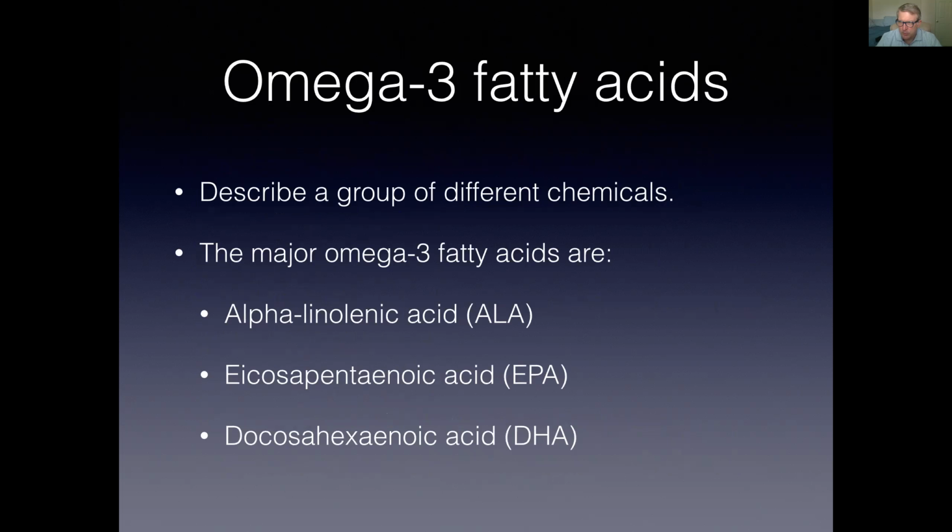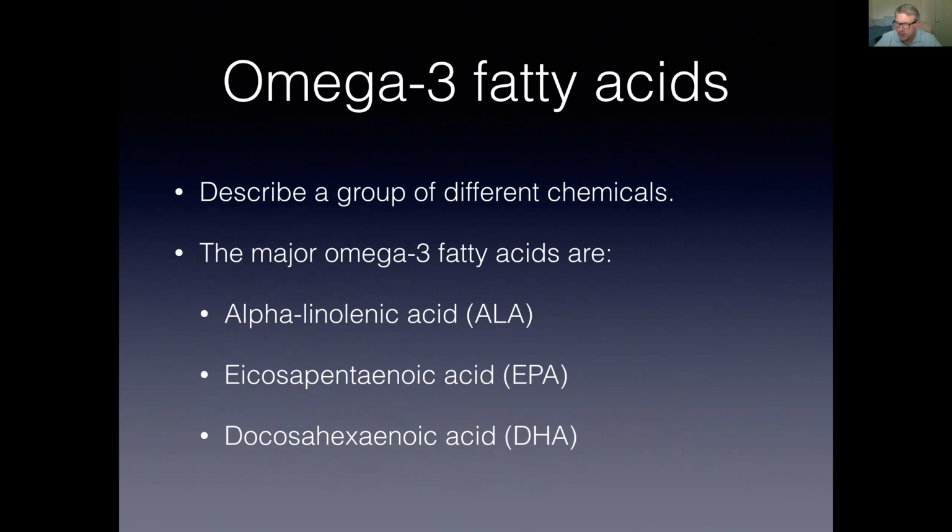Omega-3 fatty acids, we're going to drill down to that because that's where the therapeutic benefit appears to be. Omega-3 fatty acids are themselves a group of chemicals. There are many specific molecules within that group, but the three major ones are ALA, EPA, and DHA.